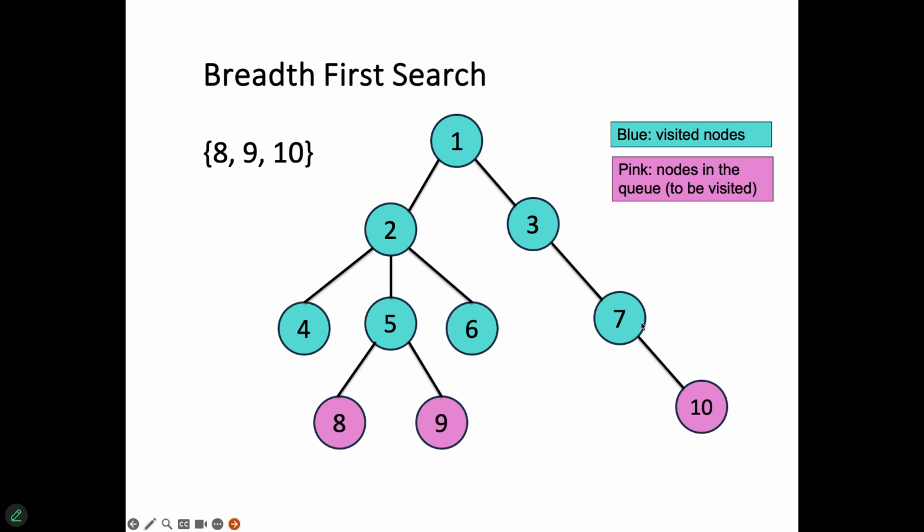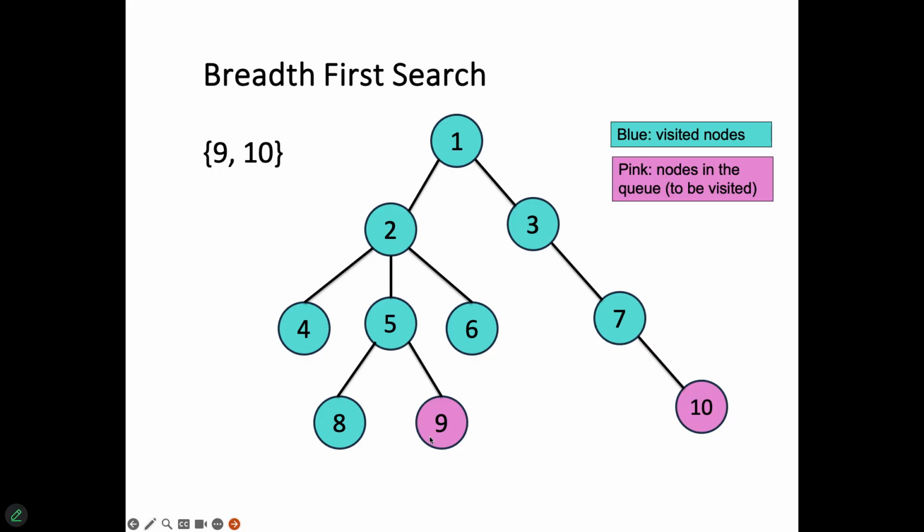And now finally I have 8, 9, 10. Again, I'm going to use first in, first out. So the nodes in the queue are 8, 9, 10. So I'm going to pop 8 out of the queue, right? And then 8 is going to be visited. Next, we are going to pop 9 out of the queue, and then 9 is going to be visited.